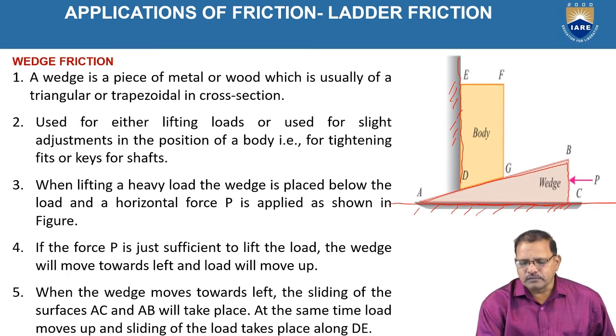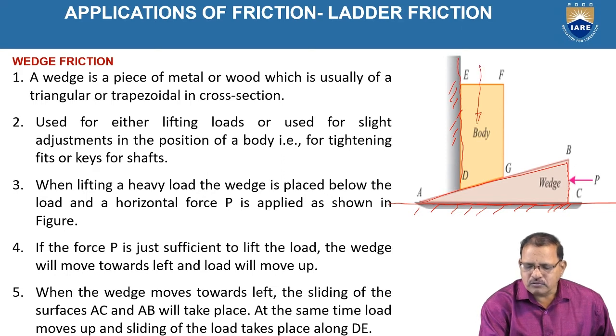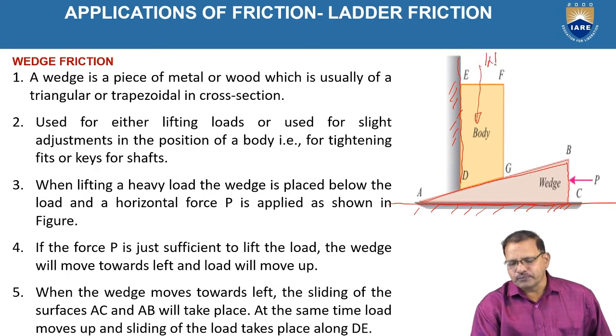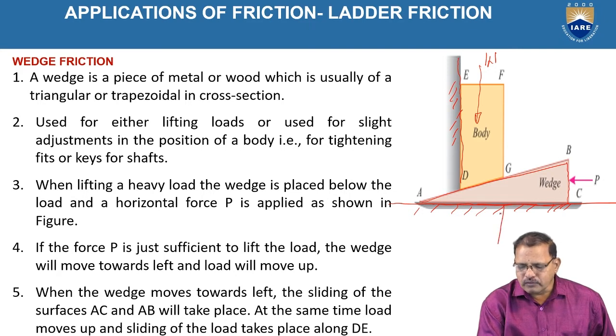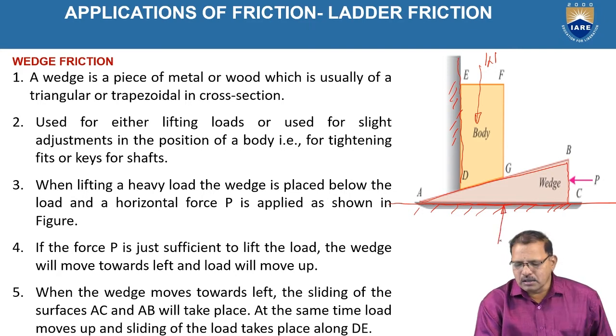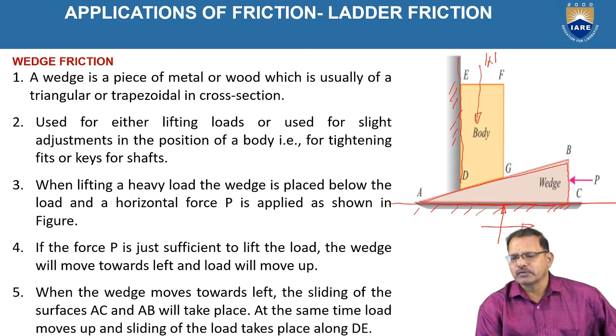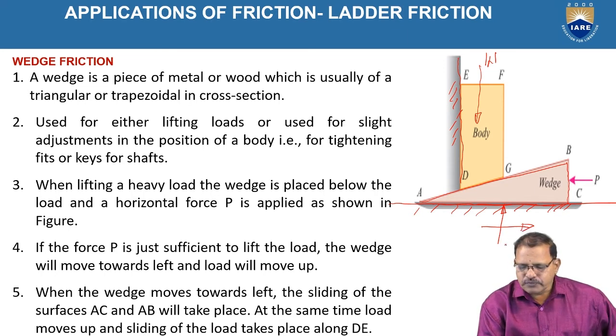Now, because of the action of all the forces, one is the weight of the body W and the applied force P. The normal reactions between the wedge and contact surfaces, and since the wedge is moving, the friction force is acting toward the right side as shown in the figure. Assume these are called here N1 and F1.